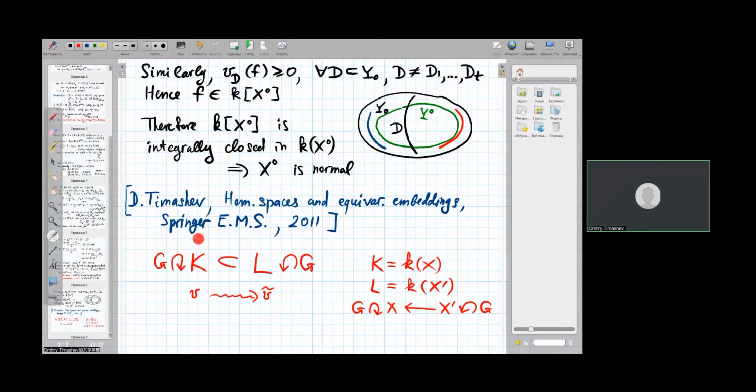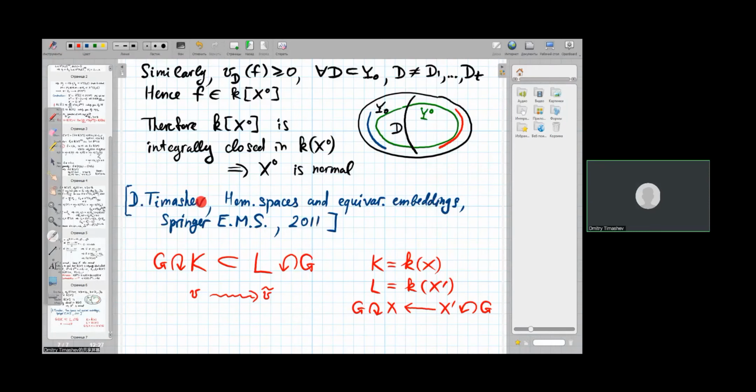Maybe I will do it in the next lecture. I don't want to spend more of your time now. But this is one of these references. You can find some material about spherical varieties in this book, which is of more general scope.